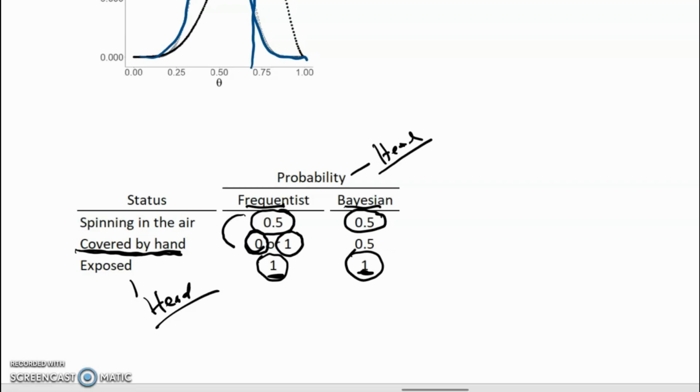Everything changes from here to here. In contrast, the Bayesians, who think about probability as belief, say nothing has changed. There's nothing happening between here and here that changes their belief about whether or not that coin is a head. That change doesn't occur until they remove their hand and reveal that in fact it is a head.